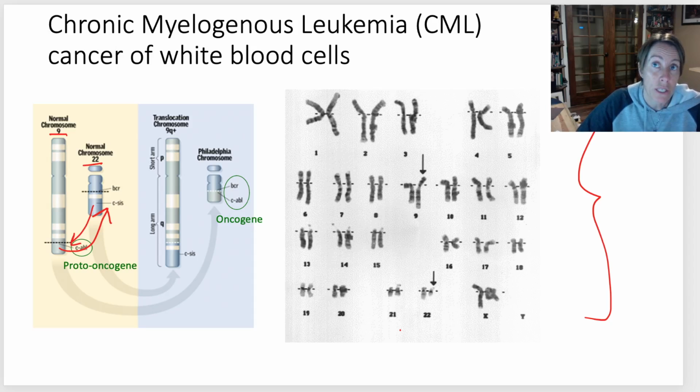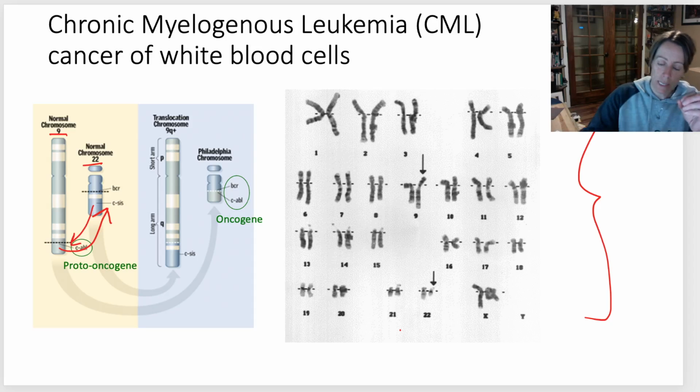I should remind you that these translocations occur not within the child, but within the egg or the sperm that then got together to make the child. So these translocations happened when the mom made the egg or when the father made the sperm, and when those egg and sperm get together in fertilization, that zygote has that abnormal 9 and that abnormal 22 chromosome.